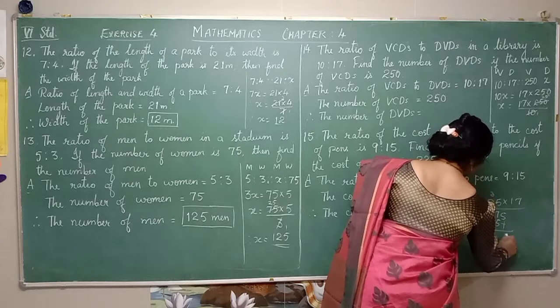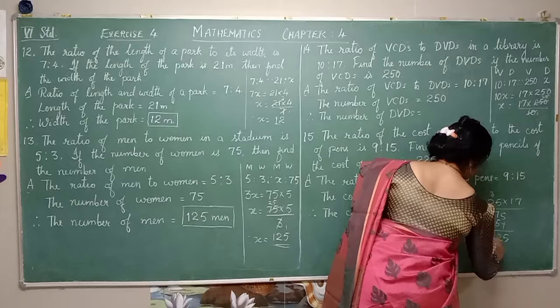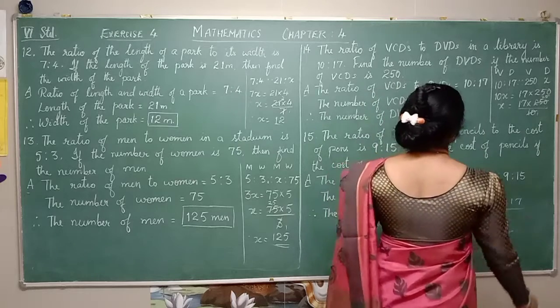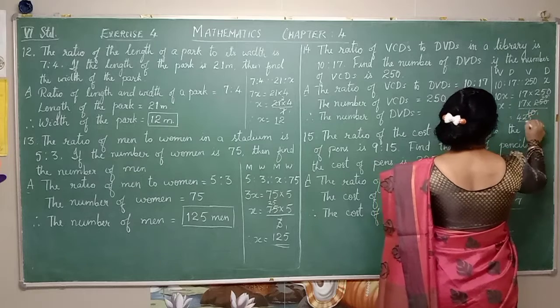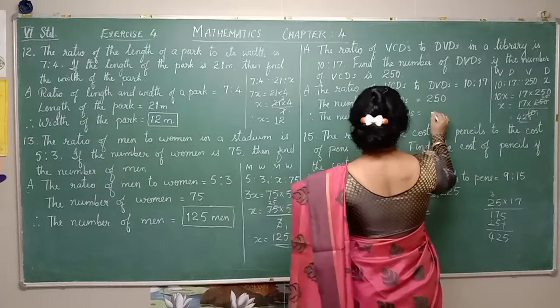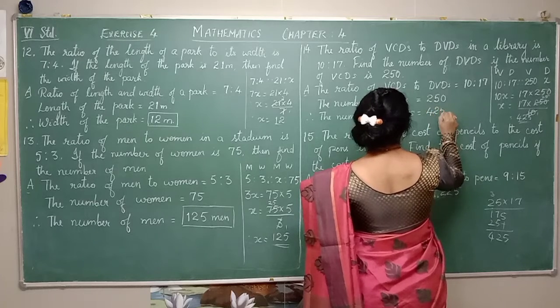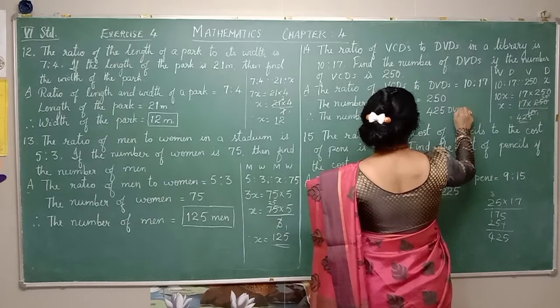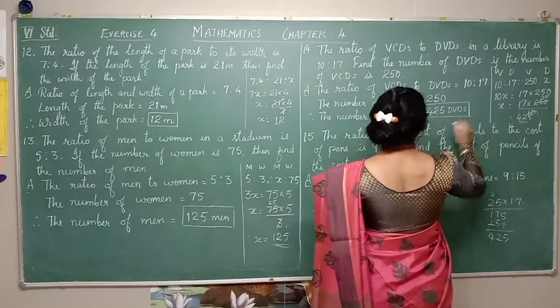So you get 425. Your answer is 425. So the number of DVDs is 425.